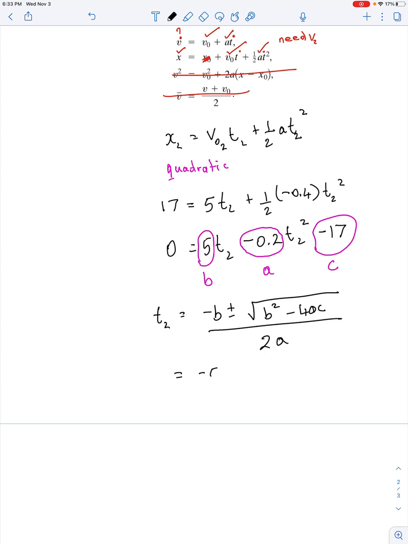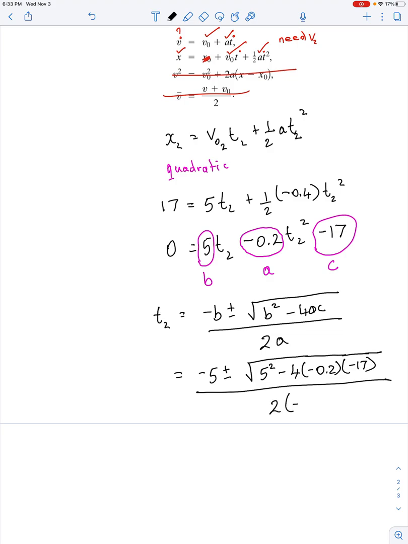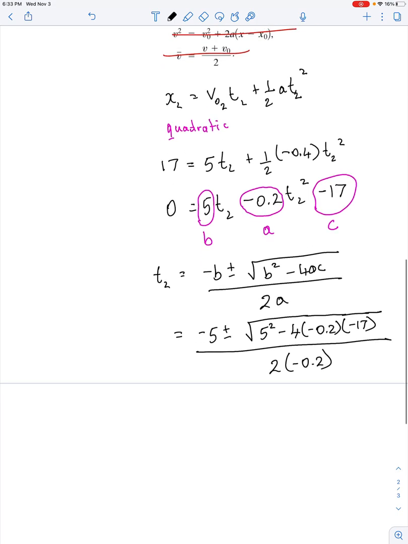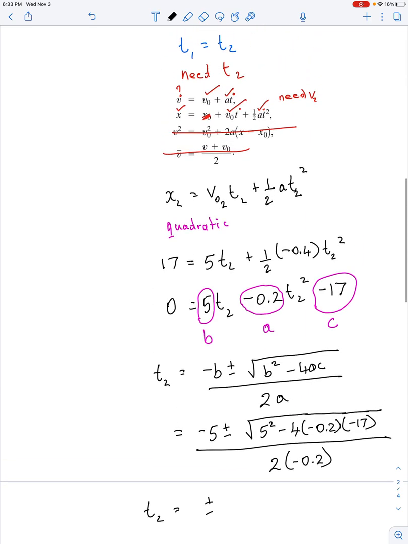So that would be minus 5 plus or minus the square root of 5 squared minus 4 times negative 0.2 times c, which is negative 17, all over 2 times negative 0.2. Hopefully I did that right and didn't make any mistakes with my math, but you could always check it. Once you find the time, you're going to get some plus or minus something. I think you're going to use a positive time if you get a negative time.